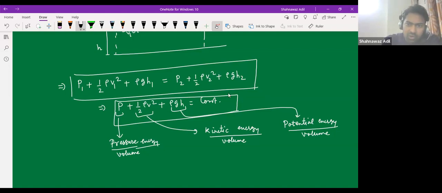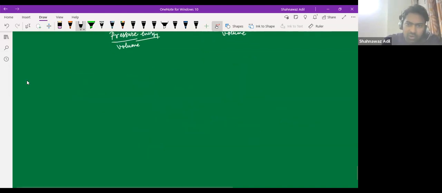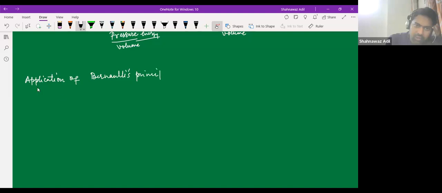So now we will study the application of these. There are two applications, but the other part is omitted from the syllabus.